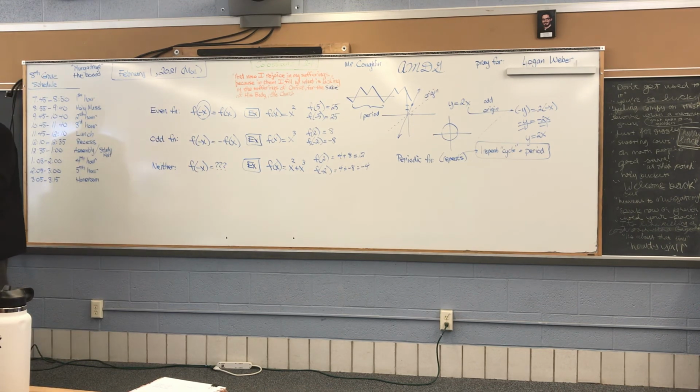Okay. Number 2, does that look like it's periodic? Yeah, it does. It looks like it's repeating. Somebody tell me how big the period is. How long does it take to repeat?